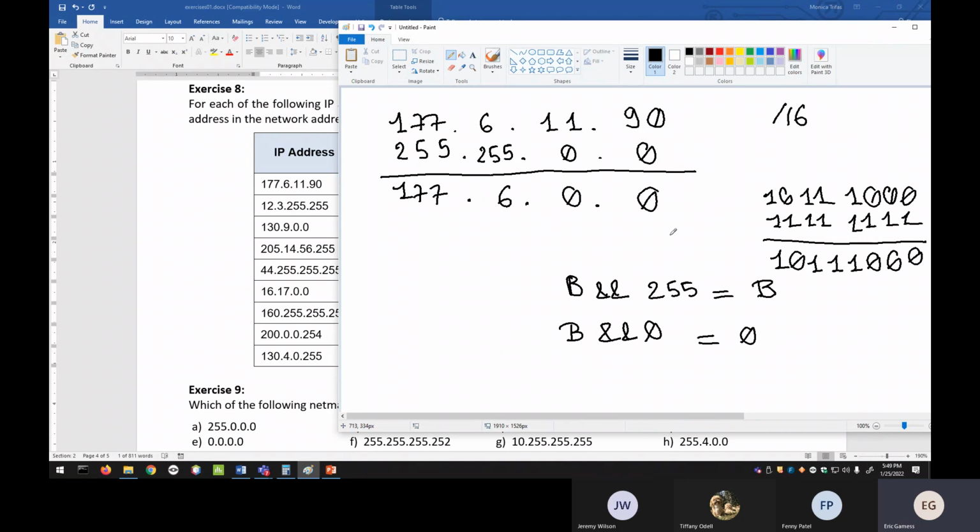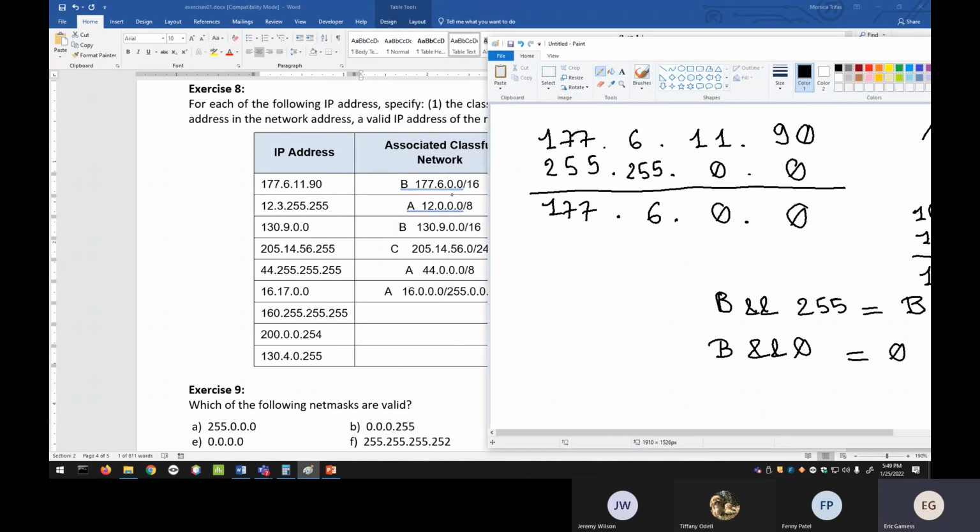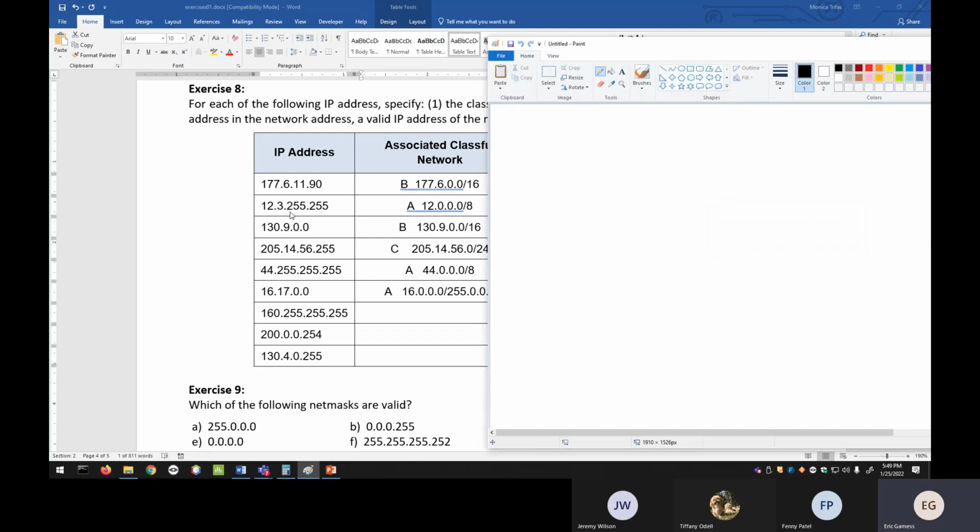So look at this IP address. Look at what we wrote here. To get the network address, you can bitwise AND the IP address that they give you with the netmask. Let's do a second example. Let's do the one that is here.